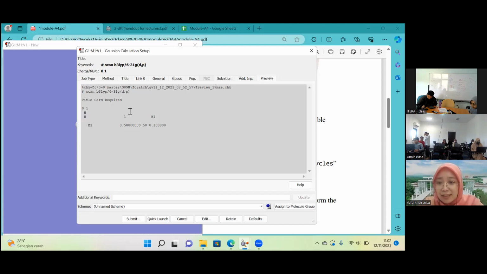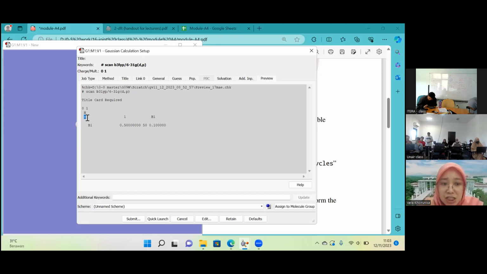But in here, you cannot see the x, y, and z axis because we use the Z matrix. So for the rigid scan, we no longer use Cartesian, we use the Z matrix. So this is the first H atom, and then this is the second H atom.